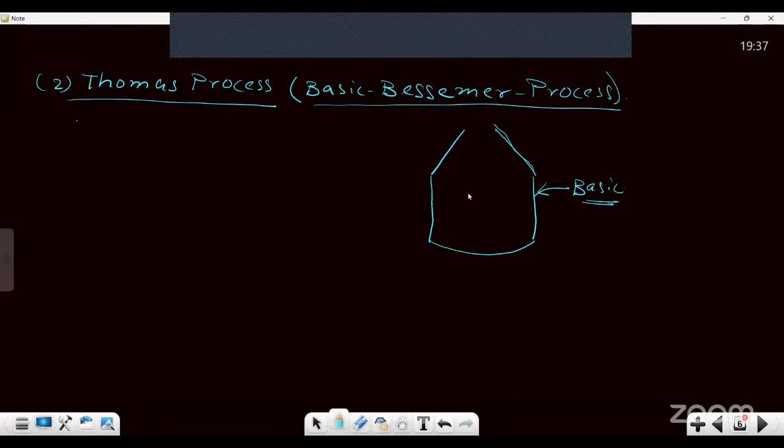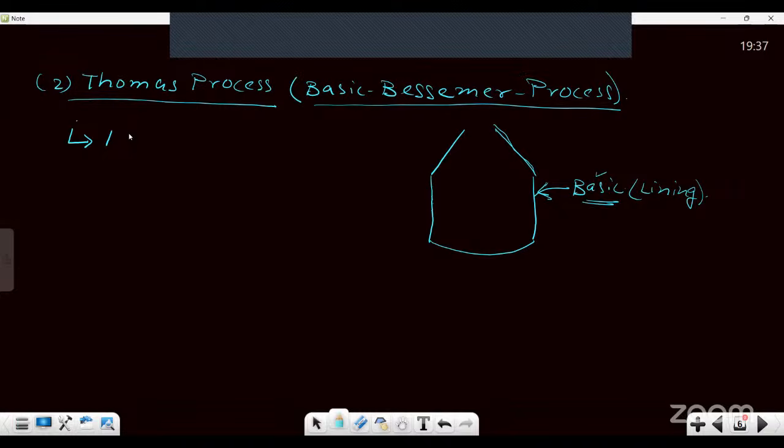And the slag basicity, as the lining is basic, I'm talking about the lining. So it is like dolomite or MgO, or CaO, that kind of lining we are using, which is nothing but basic lining. If the lining is basic, definitely the slag has to be basic only. So the slag basicity is more than one. We have seen what is meant by the basicity of the slag.